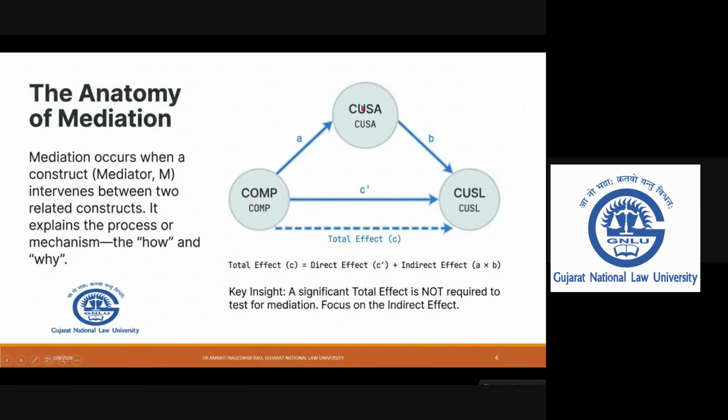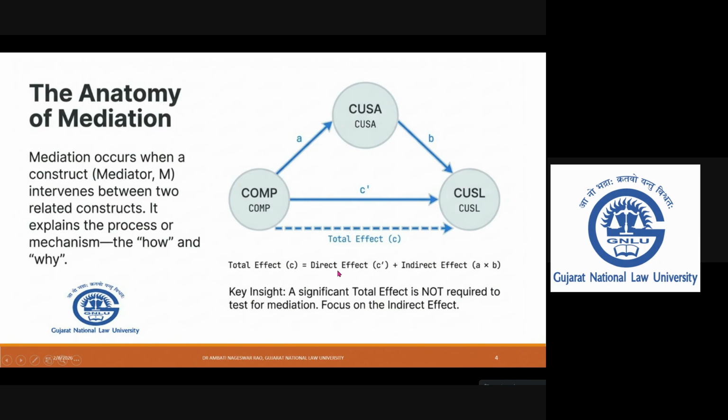But if I'm taking the help of a mediator for influencing, mediation occurs when a mediator intervenes between 2 related constructs. We have 2 constructs, and a mediator which intervenes to influence the outcome. It explains the process or mechanism, and how and why. So here, if it is a direct effect, but I'm going to influence with the help of the stakeholders, there is going to be an indirect effect.